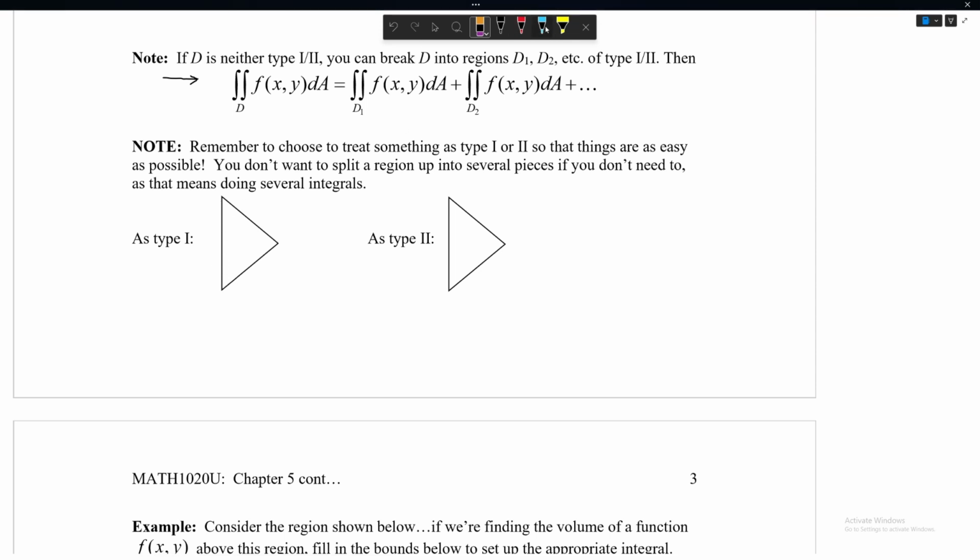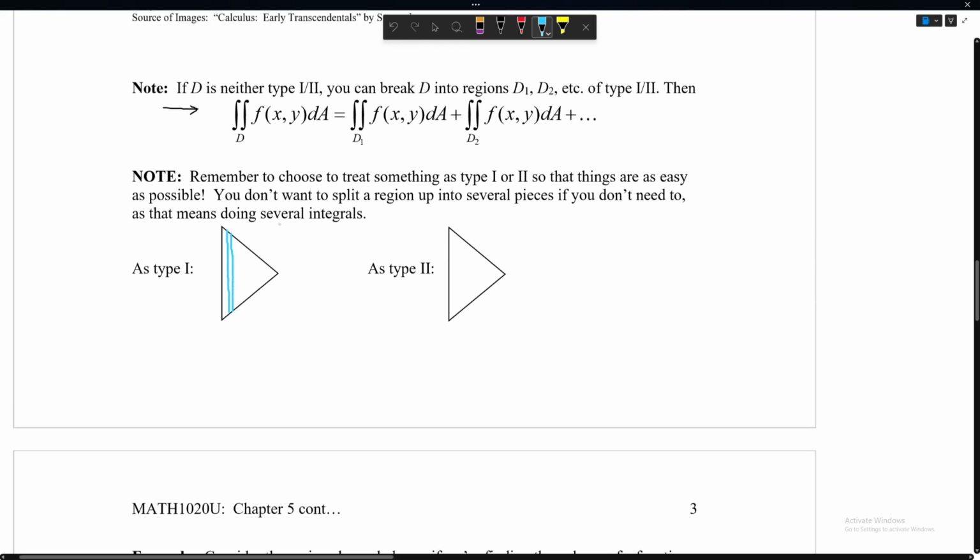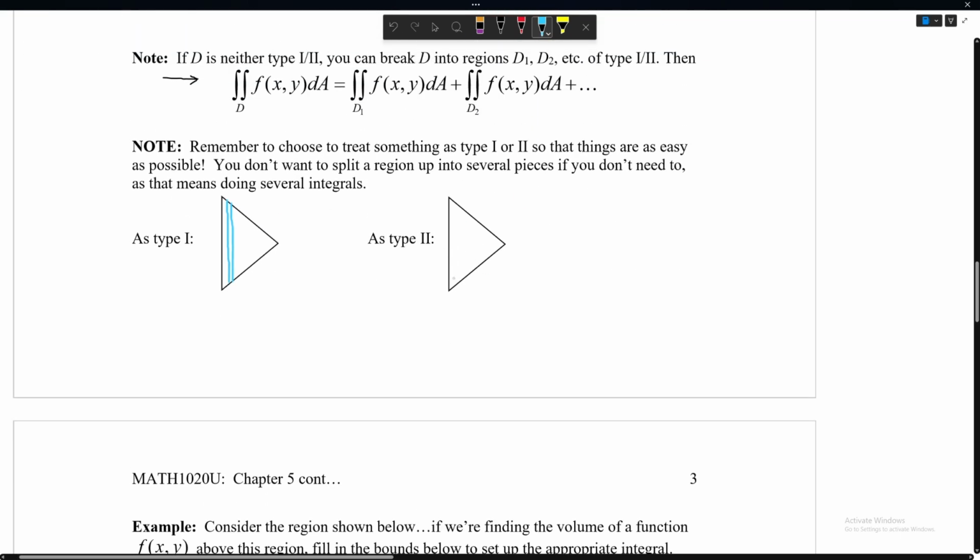The second advice is that, so you see here, when we're doing this vertically, right? Type 1 is vertical, if I'm right. Yep. And type 2 is horizontal.